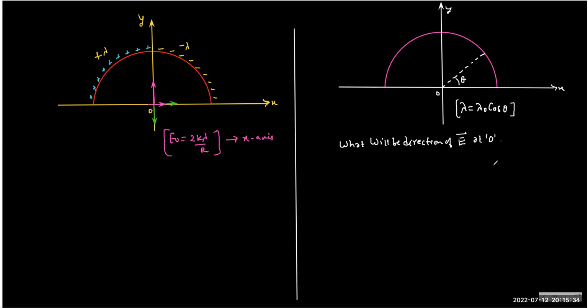So first, can you guess the direction? And then find the magnitude of the E vector at O. So these are the two questions that you are supposed to solve now.